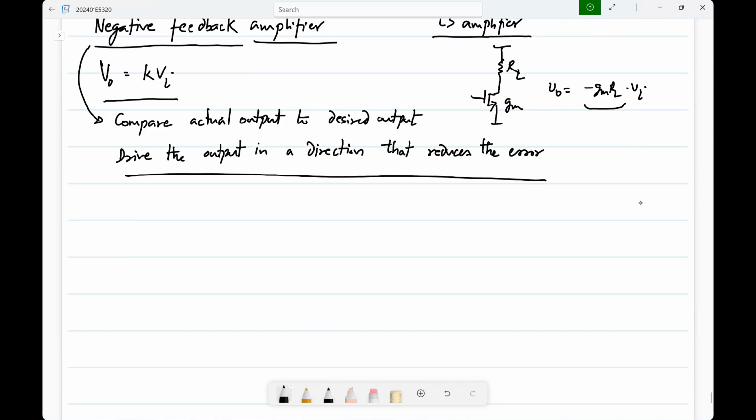Okay. Again, this is something that you would have used in basic biasing circuits as well.